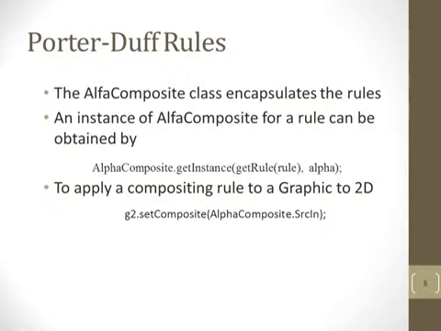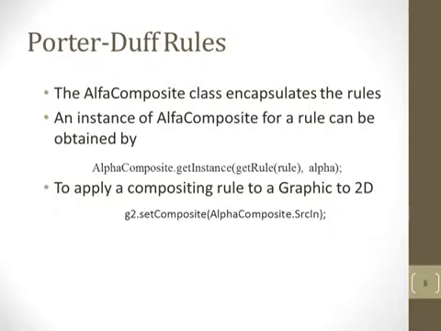Early versions of Java 2D support the first 8 rules in the table shown in the previous slides. Starting with J2SDK 1.4, all 12 rules are supported. The AlphaComposite class encapsulates the rules.